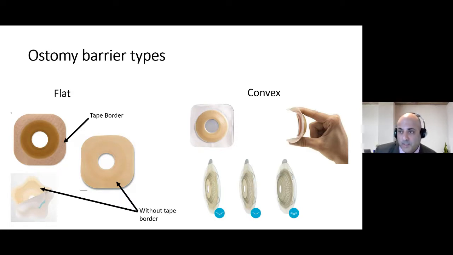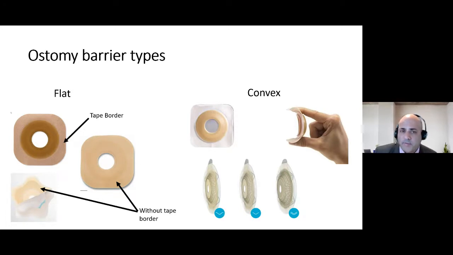And the purpose of having the convex shape or the bump is that if someone has some skin folds, or if the stoma is not protruding or a little bit recessed, in other words, at skin level or a little bit in, the convexity, the bump, will try to press around the ostomy on the skin and try to push the stoma out, so the bowel movement or the urine enters the pouching system and has less chance of going under the barrier onto the skin.